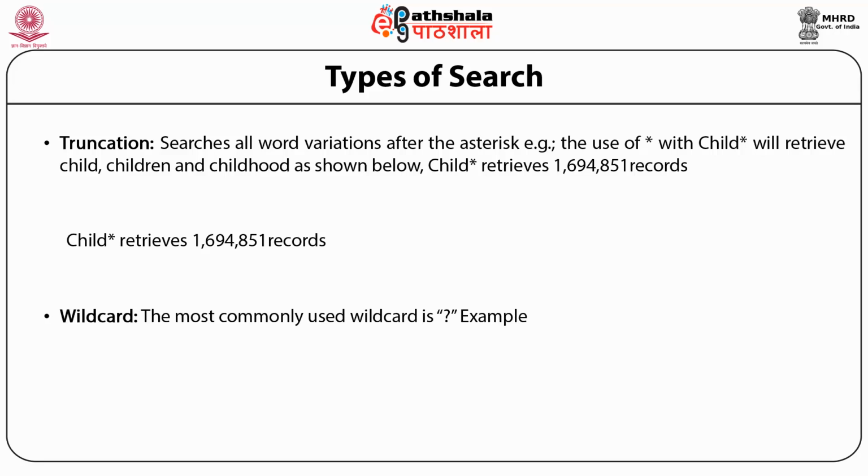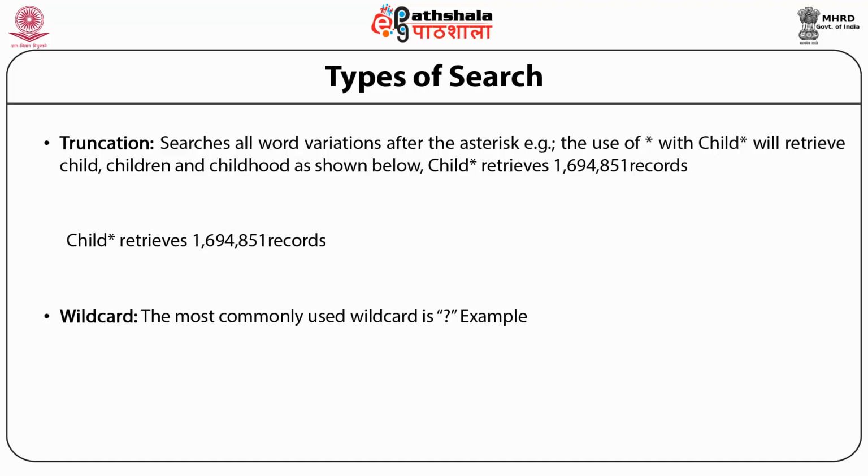For example, in medicine, there are variations in the use of American and English word spelling for medical terms. Wildcards can be used when the user is not sure of the exact spelling of a certain word. It is advisable to check the wildcard symbols used by each search tool or search engine.